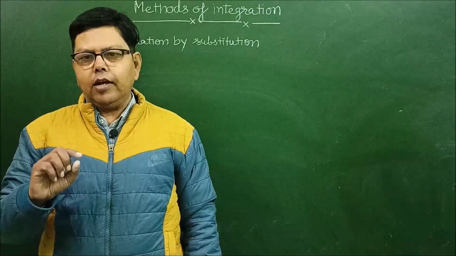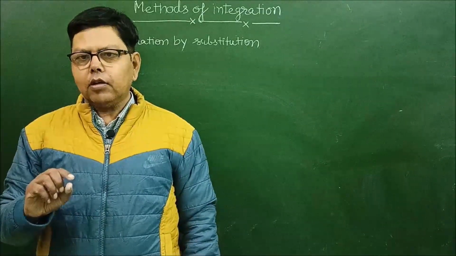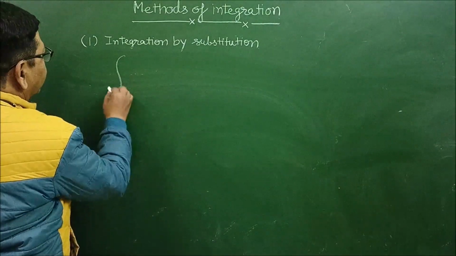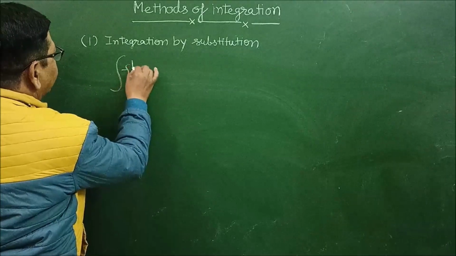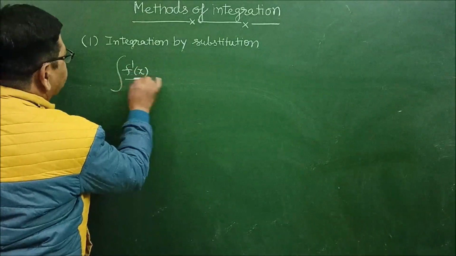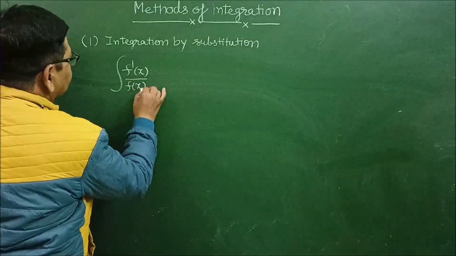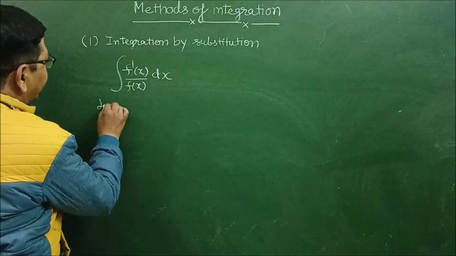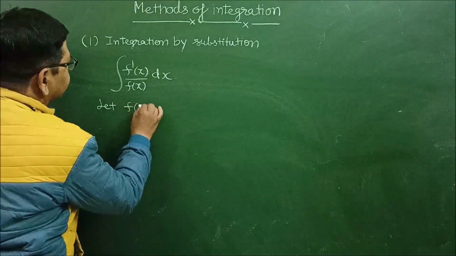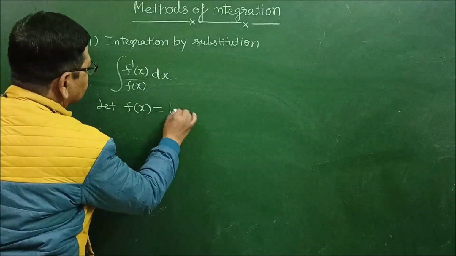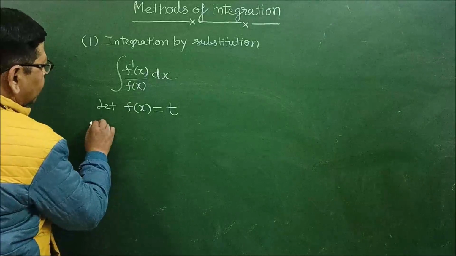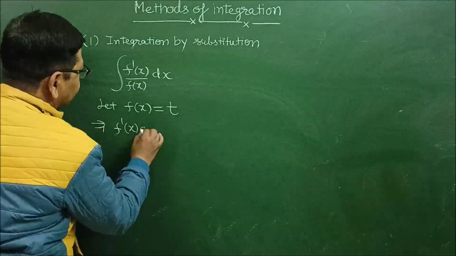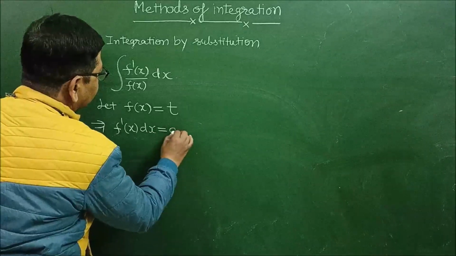So in this lecture I will discuss integration by substitution. Let us discuss this form, in which the integral is of the form f dash x upon fx dx. In this integral, let fx is equal to t. Now on differentiating we get f dash x dx is equal to dt.